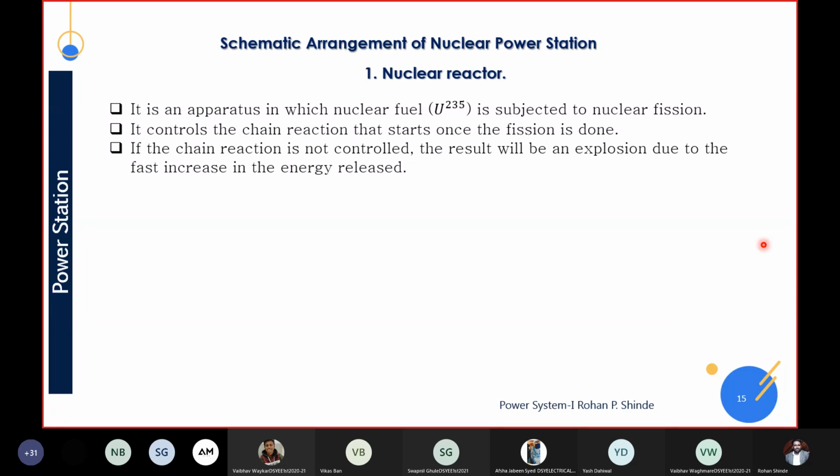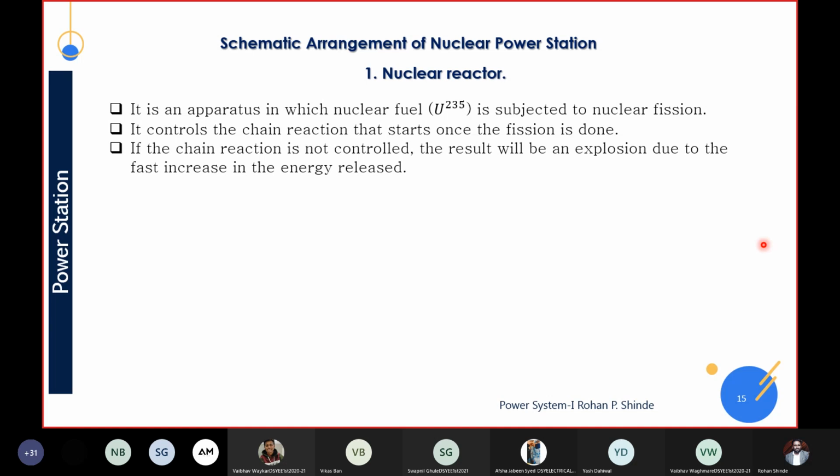Okay. Now see here, what is the purpose of this nuclear reactor? First, it has to provide a nuclear fission, and after that it has to control a chain reaction. If the chain reaction is not controlled, the result will be an explosion due to the fast increase in the energy released, right? So see here, nuclear reactor plays an important role to control the chain reaction.